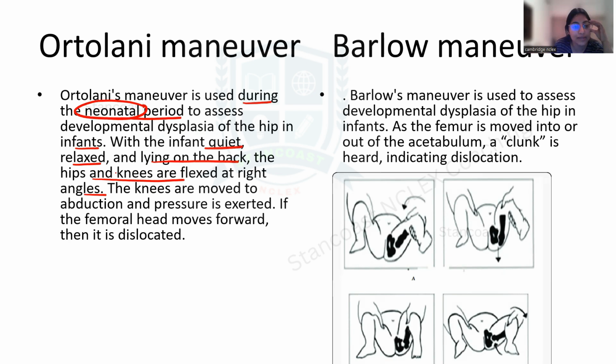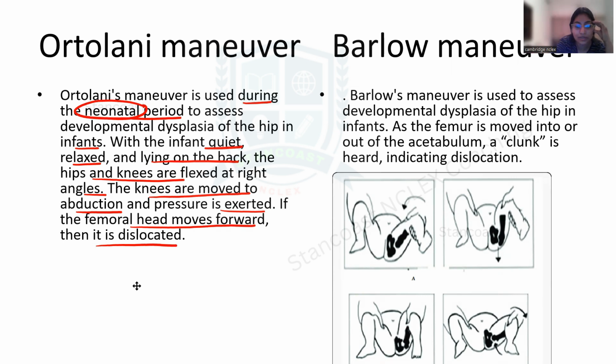Then we flex the hips and knees at a 90-degree angle. Then the knees are moved to abduction, so we abduct the knees and pressure is exerted. If the femoral head moves forward, then it is dislocated. Here a click sound is heard.